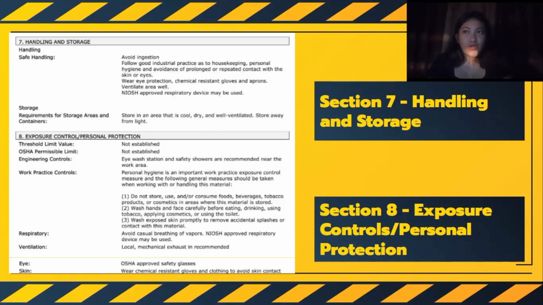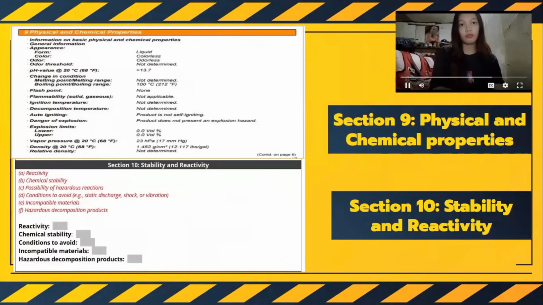Section 8. Exposure Control and Personal Protection. So, this is one of the most important sections for our safety data sheets, which outlines the necessary exposure control and personal protection. It indicates the exposure limits, engineering controls, and the personal protective equipment, or the PPE, measures that can be used to minimize worker exposure.